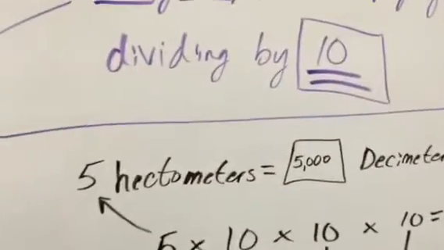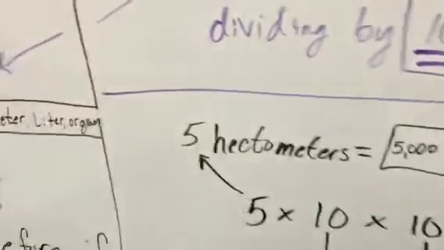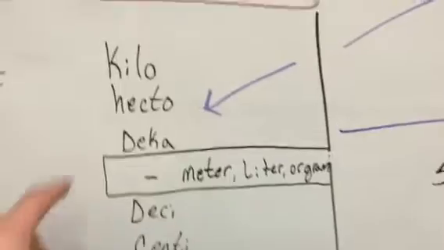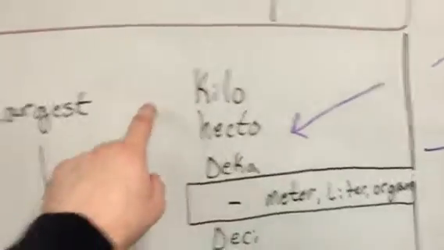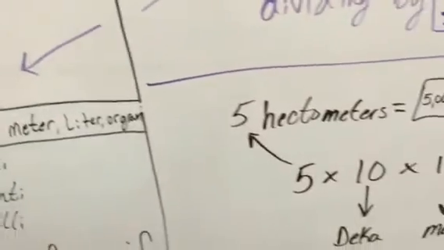So let's look at an example of this. If I have 5 hectometers, how many decimeters is that? Again, we're going from hectometers to decimeters, so we're going from largest to smallest. So we're going to multiply.